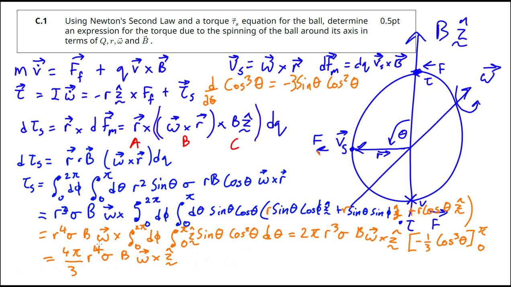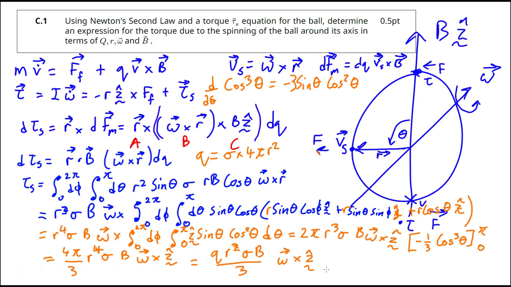And then notice, because I had sigma as my charge density, but the total charge, which I'll call Q, is equal to the charge density multiplied by the surface area of the sphere, which is 4 pi r squared. So in this particular case, I can make that substitution back for Q to get my answer of Q r squared sigma b omega cross z. Okay, now that I've found that tau s, I've got everything they asked for in the question.